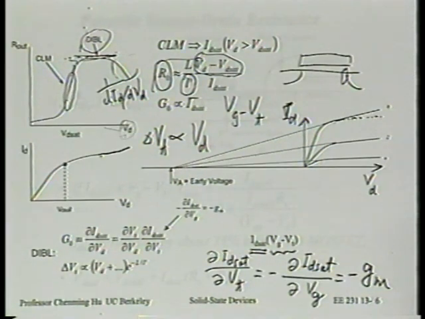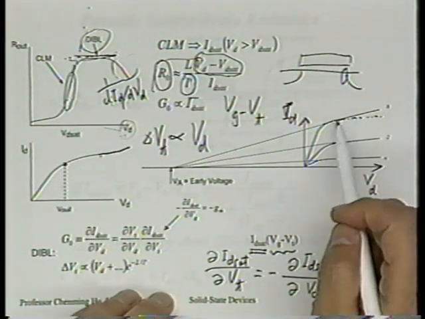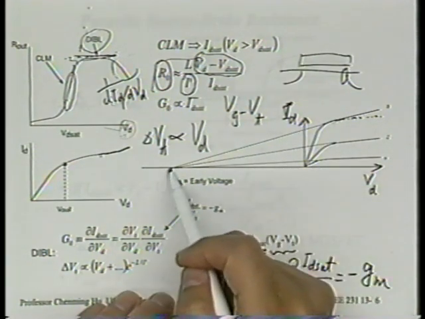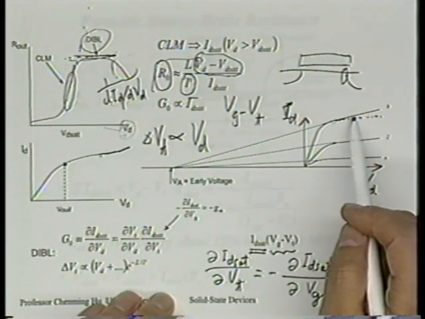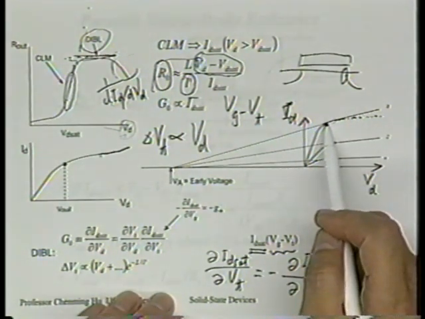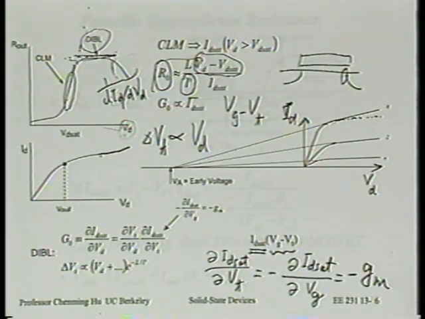If the slope is proportional to ID set, that means you can extrapolate them back to one point. And this is a great simplification of the mathematical model for this.